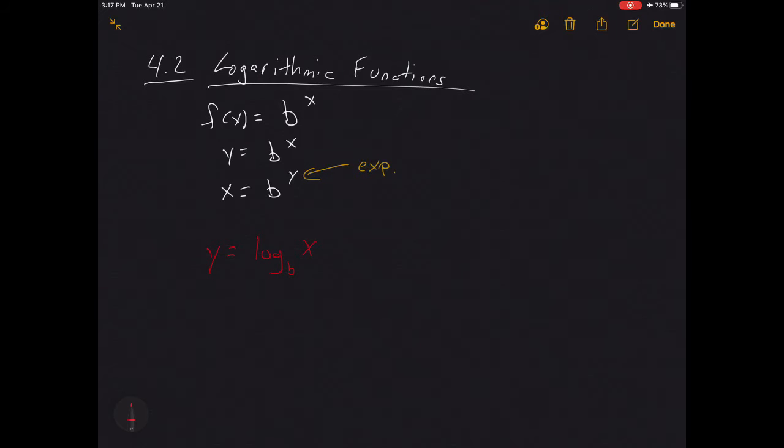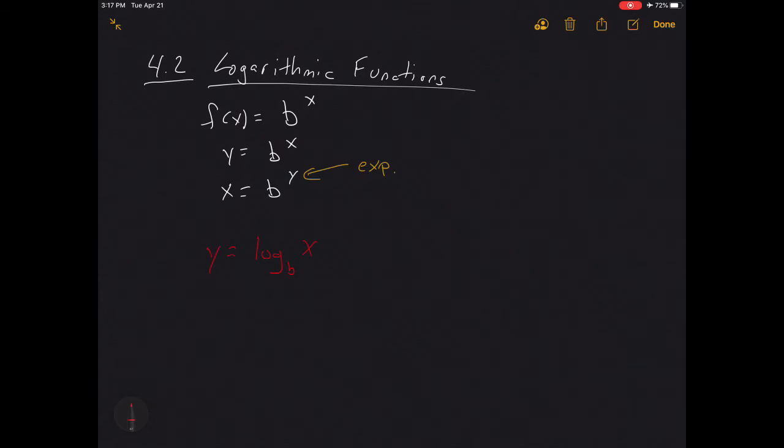It's telling us to do something to the x. So this is the log of x base b. You might actually hear it said the log base b of x. The base is always the subscript. It's not in line with the x. So we are going to take the log of x base b. That's y.